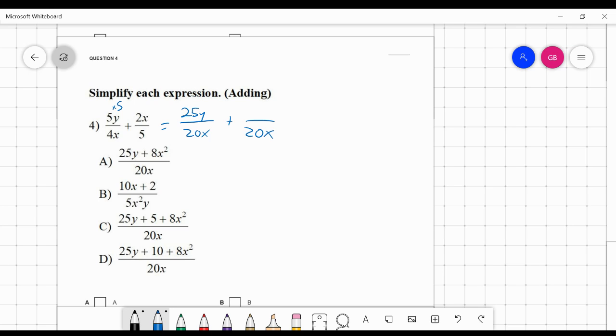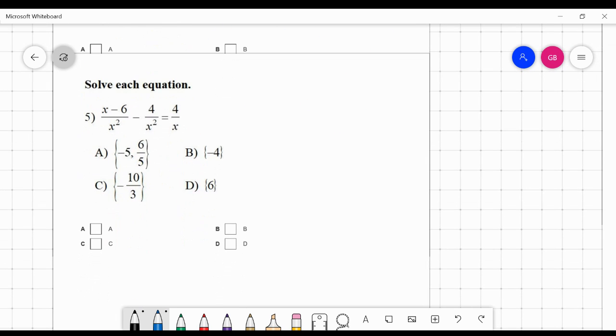Okay, 5 times 4x gives me 20x. So 2x times 4x gives me 8x squared. So I'm left with 25y plus 8x squared over 20x. And that's going to be this option here.